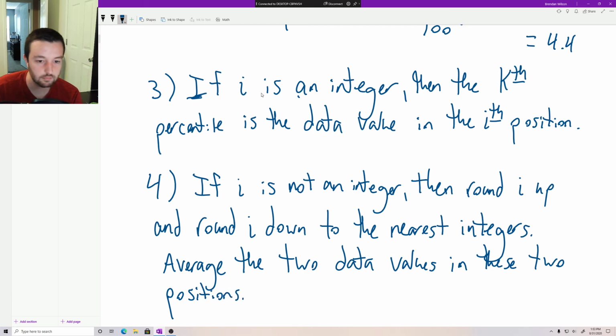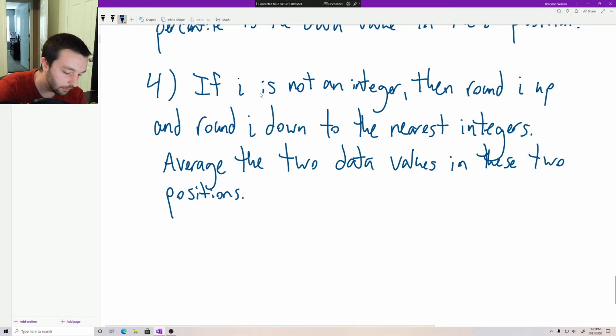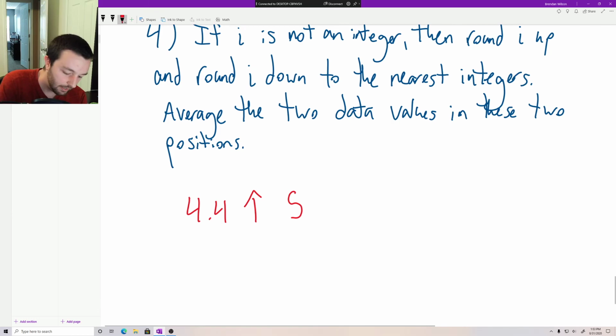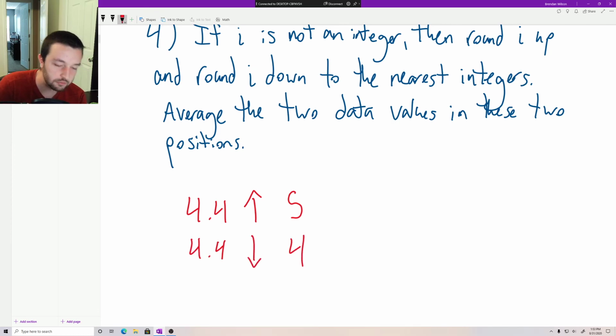Okay. So like I said, if we take 4.4 and we round it up, we'd be at 5. If we take 4.4 and we round it down, we'd be at 4. So we want to take the fourth number in our data set and the fifth number in our data set and take the average of those two.